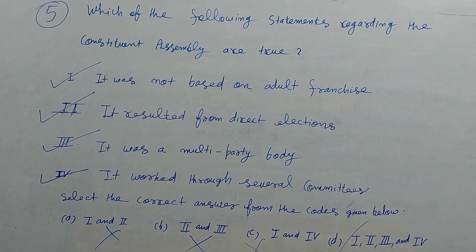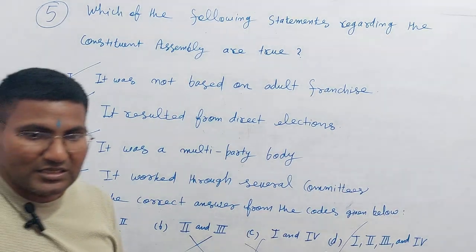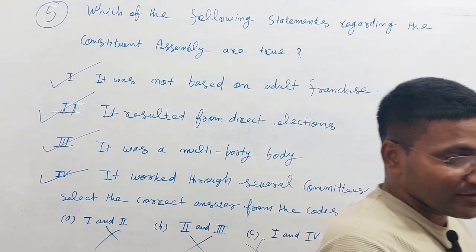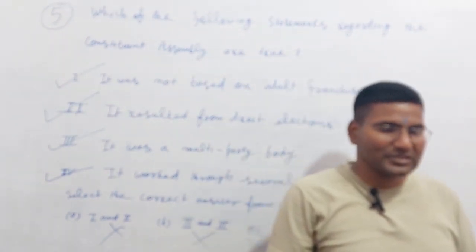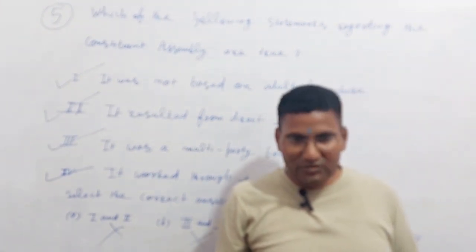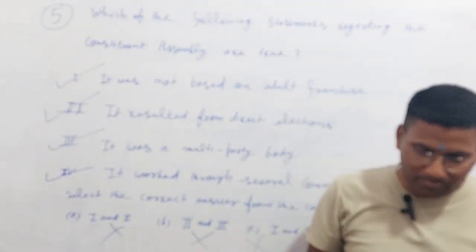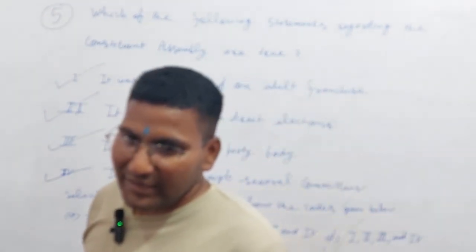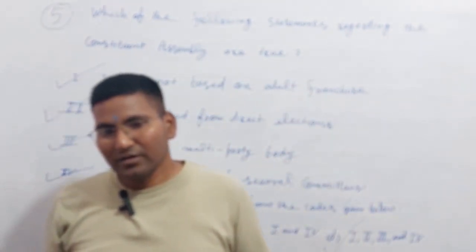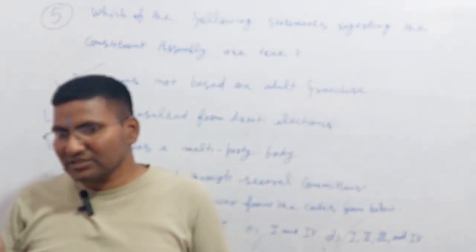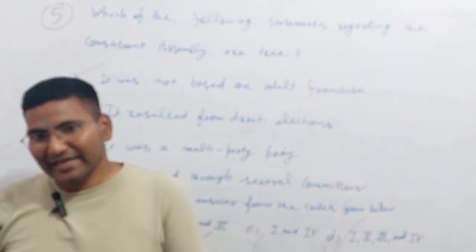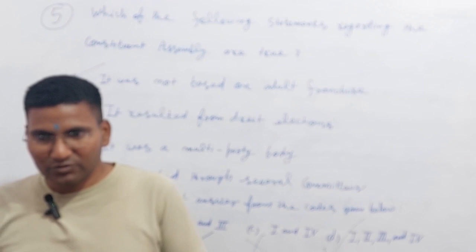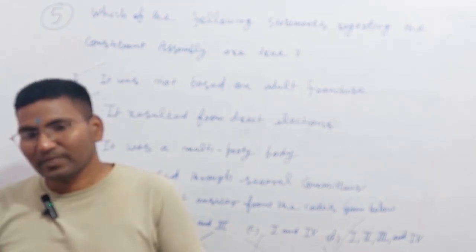So that was question number 5. The basic nature of the Constituent Assembly is also important. At the time of preparing for the examination, you should know and observe that these types of questions came in previous year examinations, because that is the nature the questions are based on.